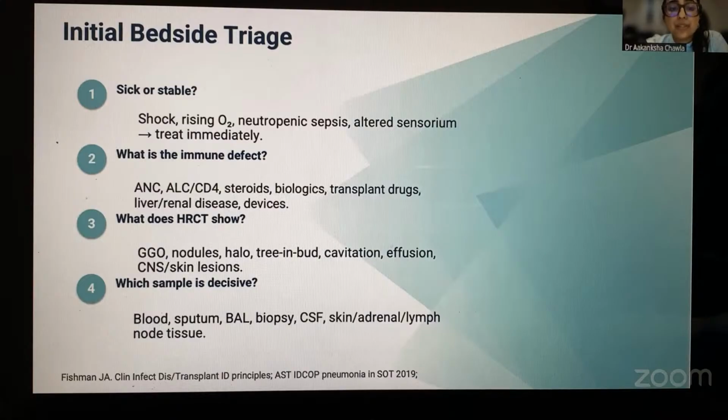How is the absolute neutrophil count, the lymphocyte count, CD4 level, history of any steroids, biologics or transplant drugs, and the HRCT pattern? Based on your clinical presentation, patient's severity, and the site of involvement, you decide about the samples to send, which could be blood, sputum, bronchoalveolar lavage, biopsy, CSF, and even tissue samples from skin, adrenal, or lymph nodes.